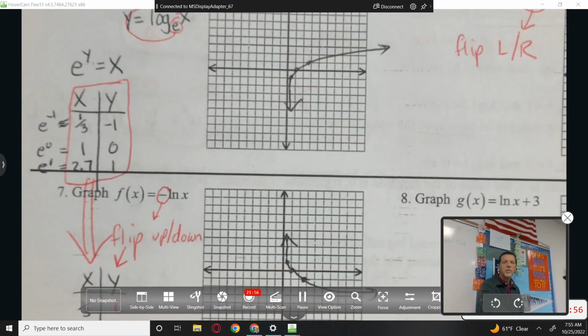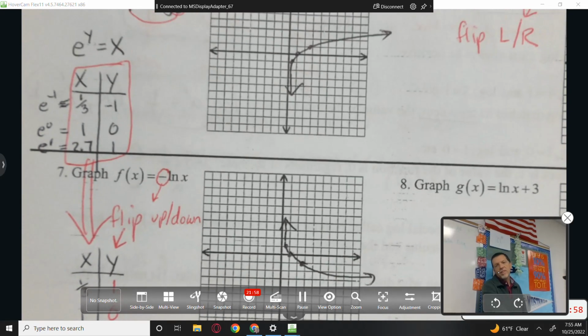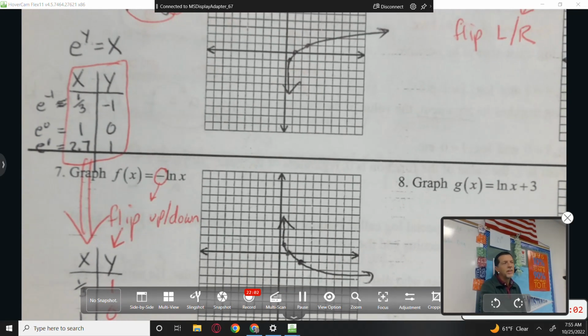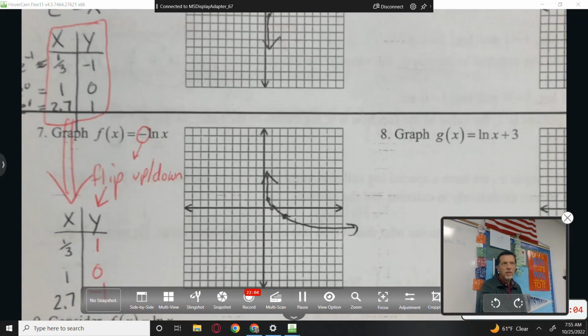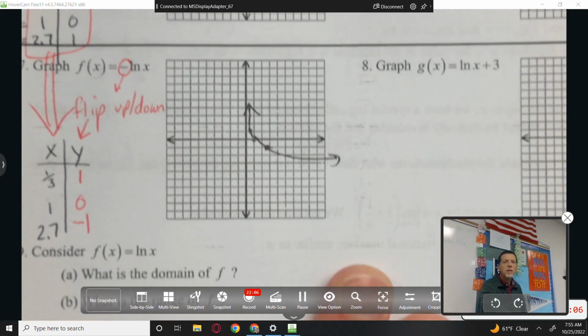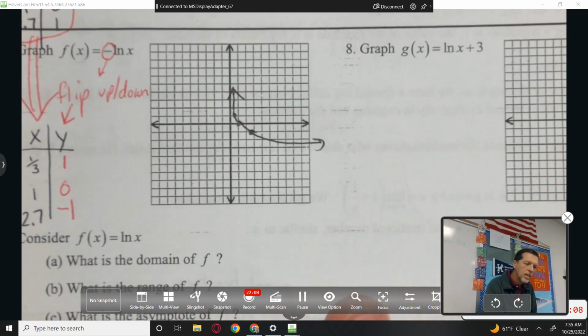So we compare our two graphs. My artistic work isn't perfect, but that's an up and down flip. And then lastly, one more time, what's that +3 do at the end on this one? Is that a left 3 or an up 3?